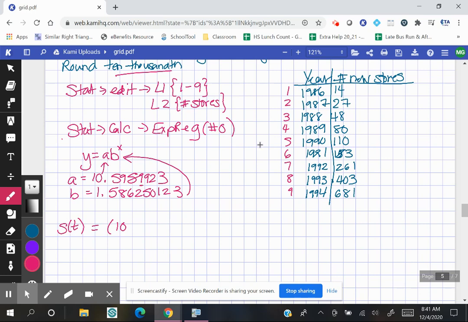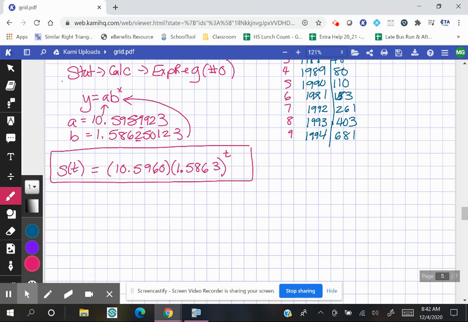So now we look here. Oh, and there's a 9 next to it, so a little tricky. So we're going to have to bump this 5 up. So 5, 9, 6, 0. And then 10th, 100th, 1000th, 10,000th. So this one would be 1.5863 raised to the T would be our final answer there.